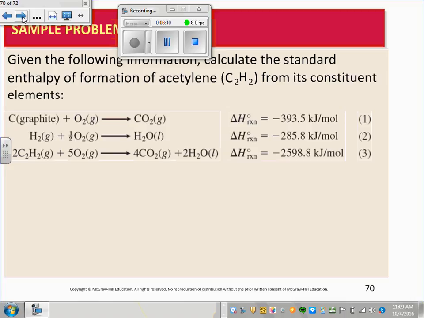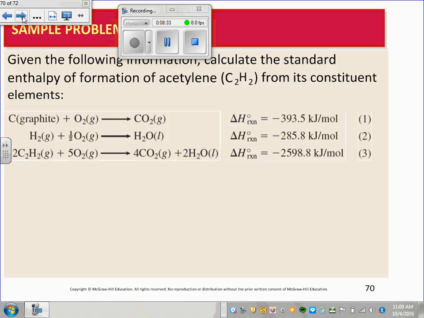Well, we have the carbon and hydrogen. Well, we don't have the acetylene. Which equation has the acetylene? The third one. What's on the left? We need it on the right. Flip it. And the equation has 2. We only need 1. Divide it by 2.